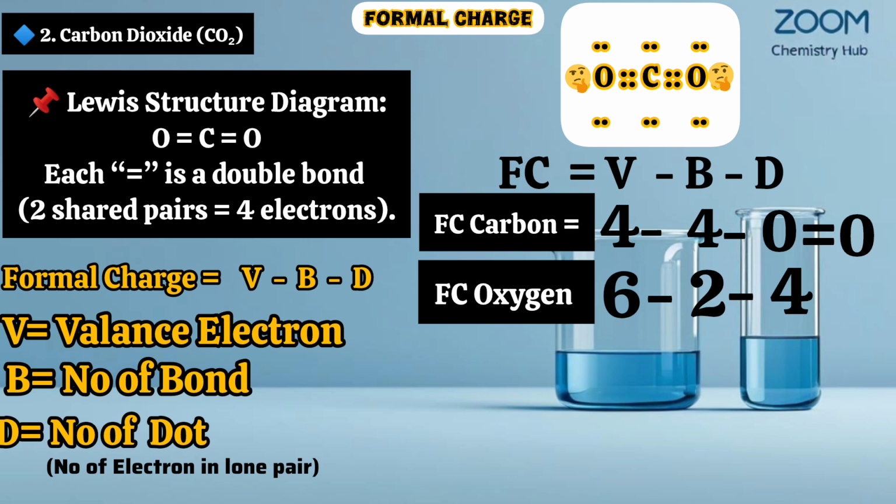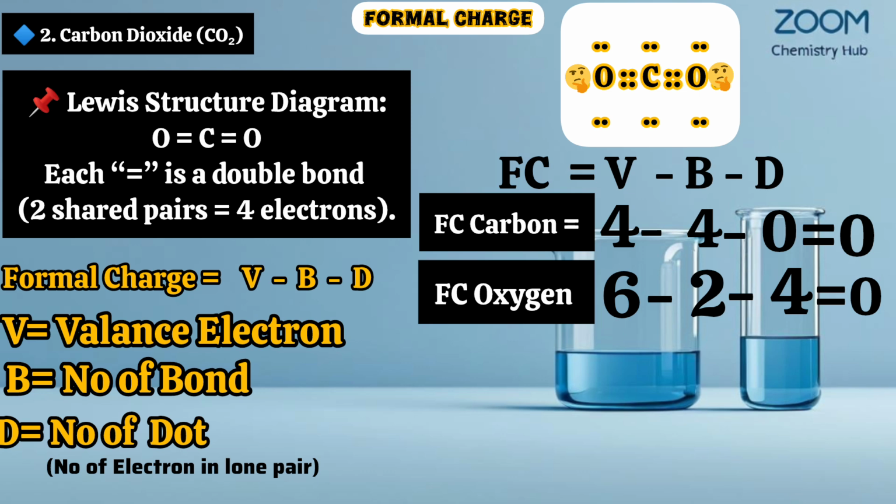So the formal charge of the oxygen atom in carbon dioxide is also 0, that is, number of valence electrons are 6, number of bonds are 2, and the number of dots present in the lone pairs are 4. So after calculating all these we get the formal charge of oxygen is 0.